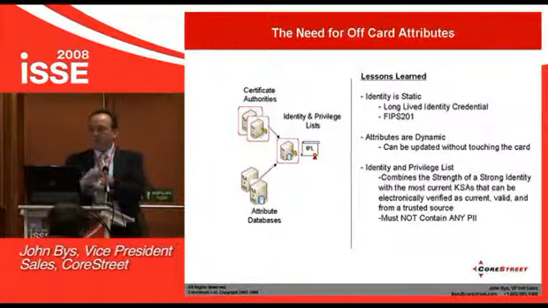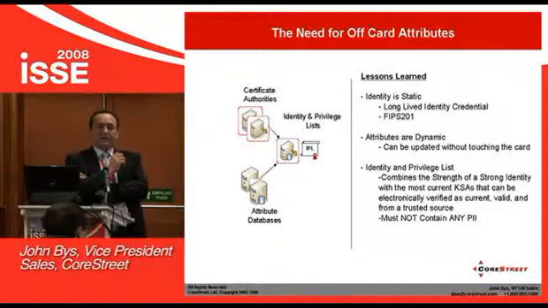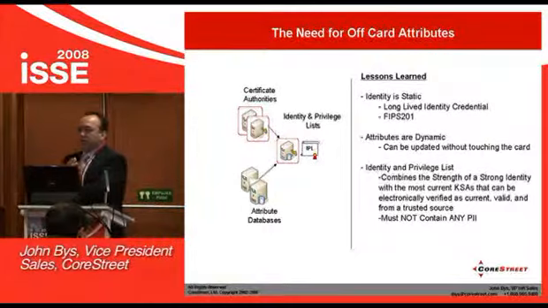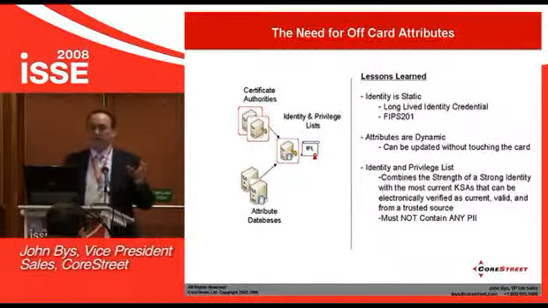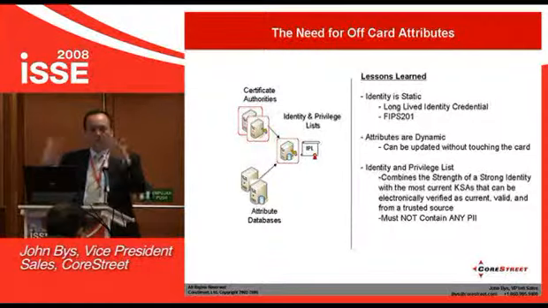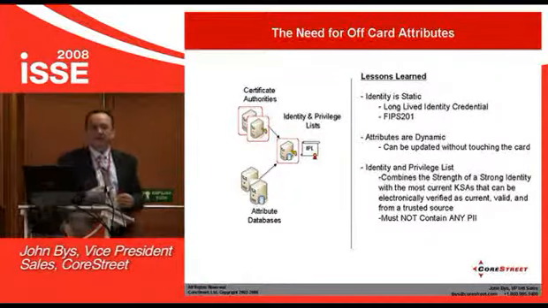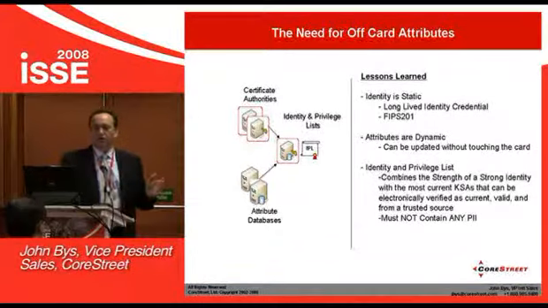And much like we do with the validation of that identity, we've created the ability to marry off-card attributes with those identities in what's called identity and privilege lists, which are deployed in exactly the same manner, that three-tiered infrastructure.